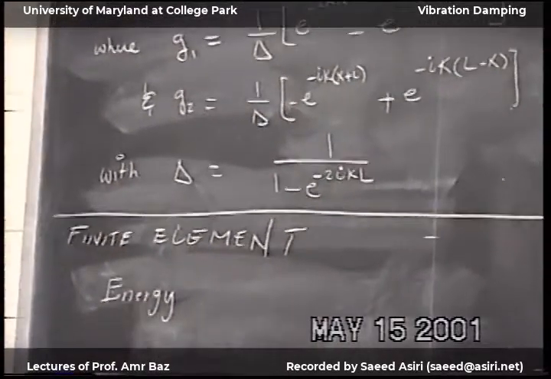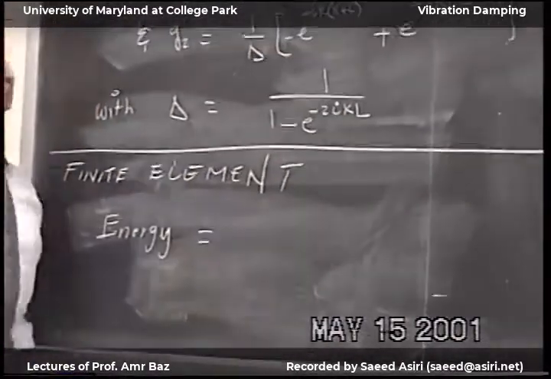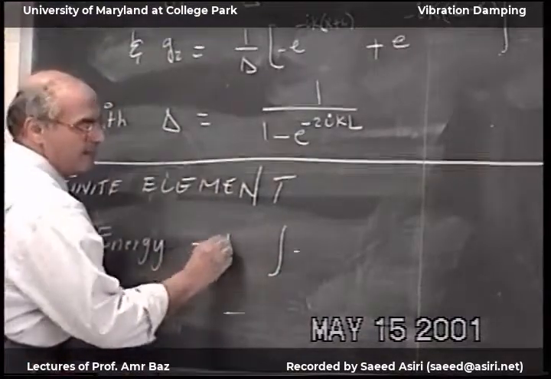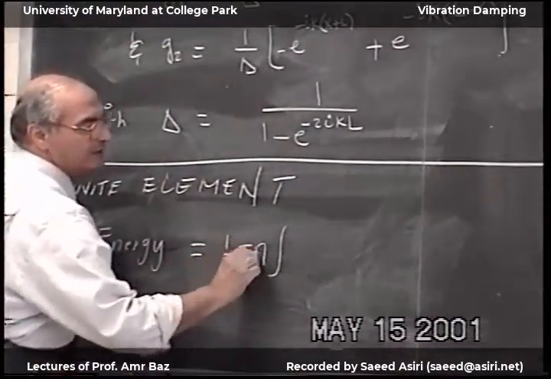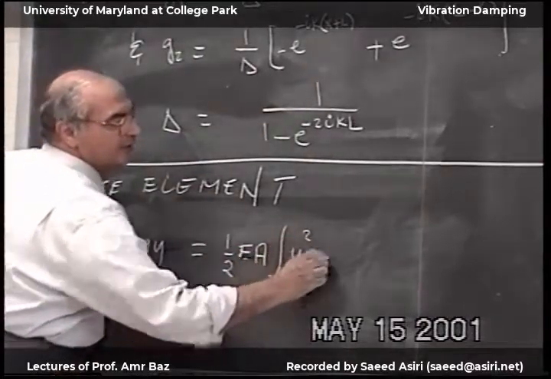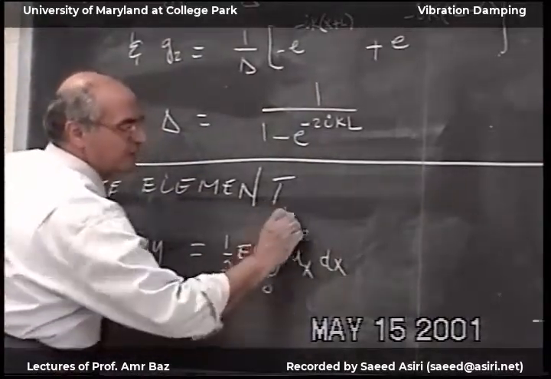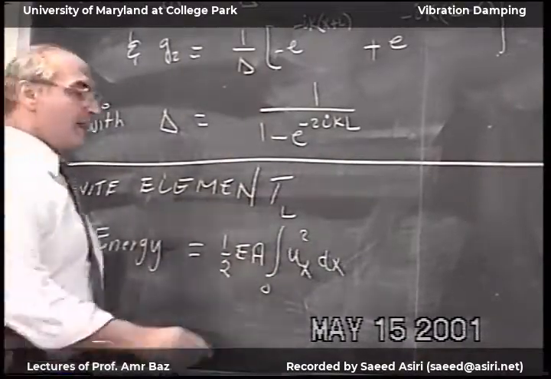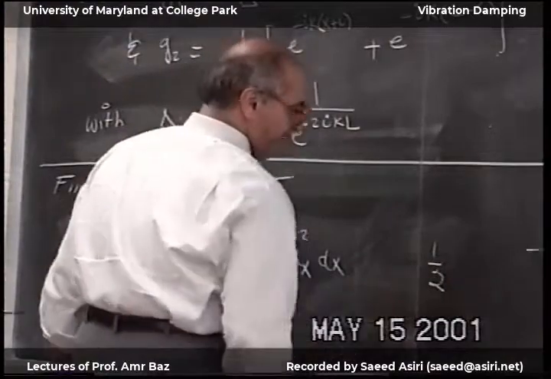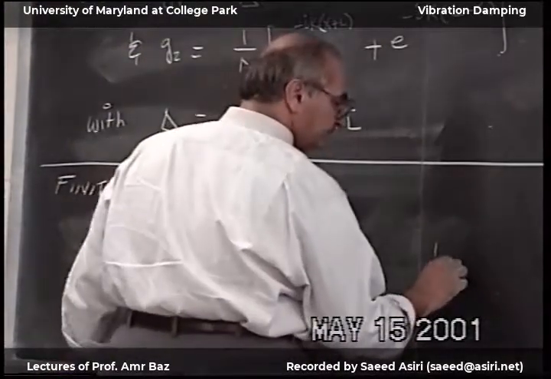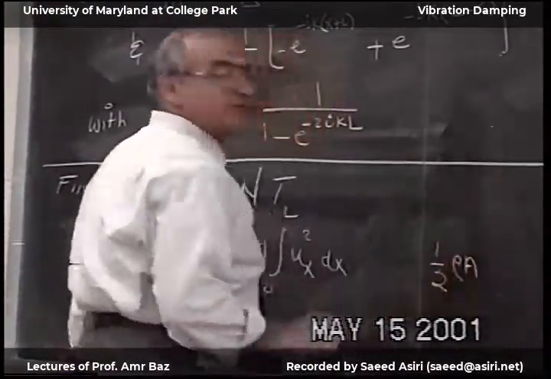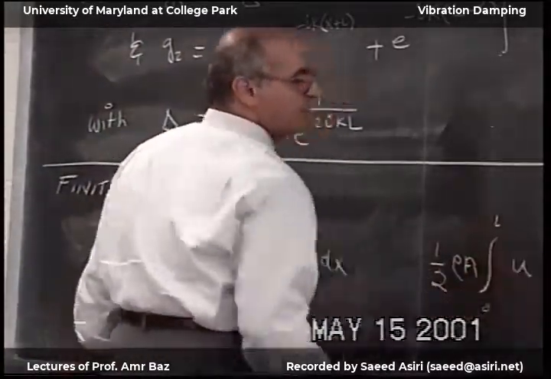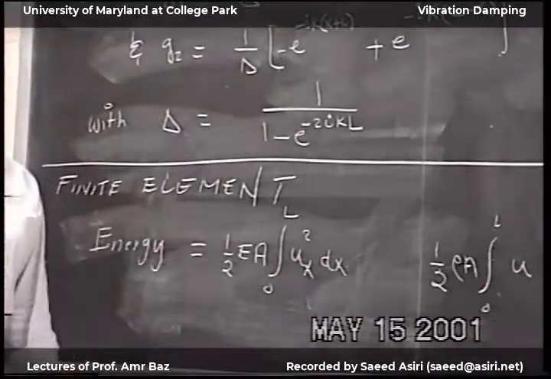The energy will equal the total energy, kinetic and potential: integral of 1/2 EA u_x squared dx from 0 to L. The kinetic energy is 1/2 rho A integral of U dot squared.